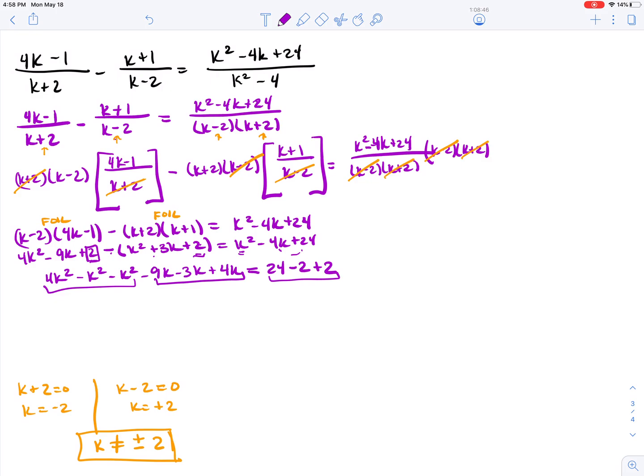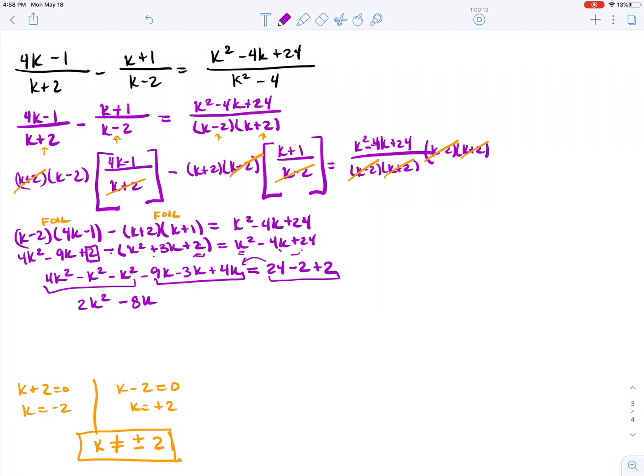Now that I have grouped all of my like items, I am going to finish simplifying to see what I come out with for k. So 4k minus k, that's 2k squared, minus 9 minus 3 plus 4 leaves me with minus 8k, and 24 minus 2.